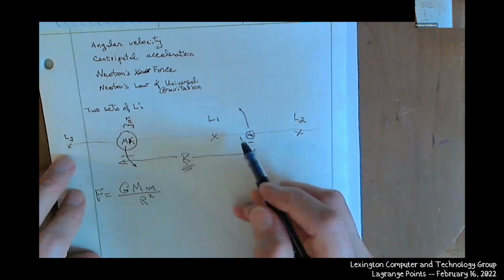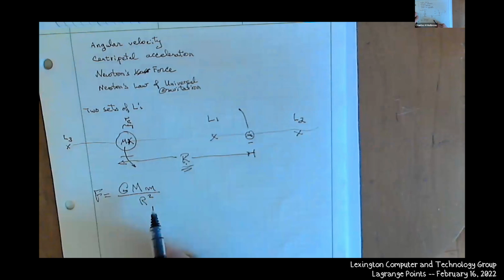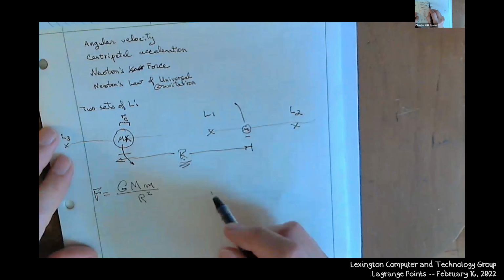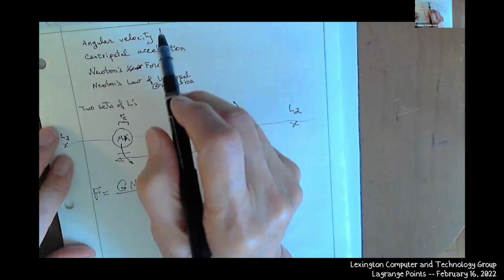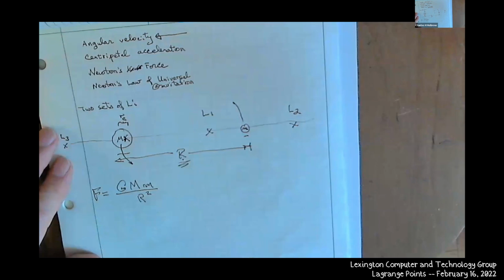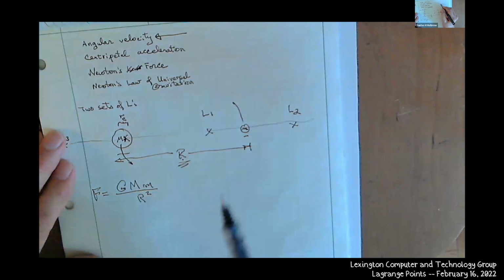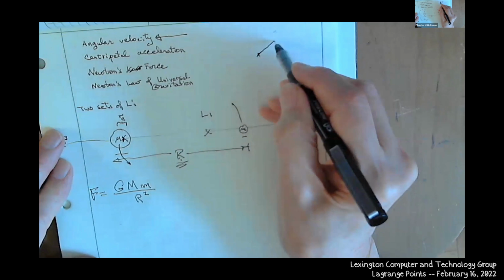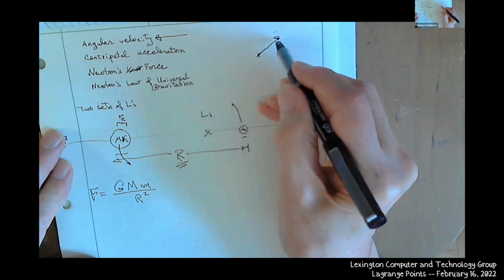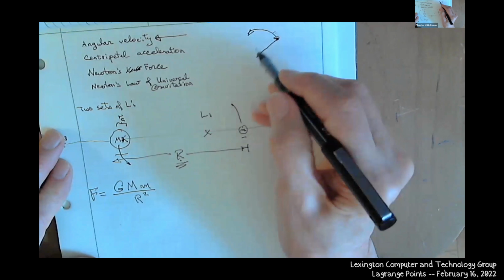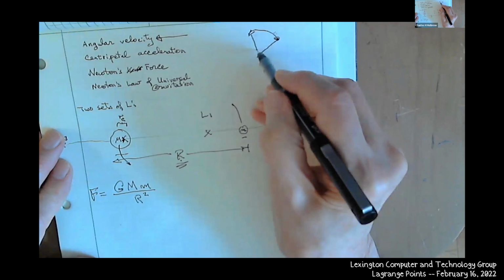Now, why? And so here I come to something which I don't know how comfortable people are with, this idea of angular velocity, but it's not a hard idea. If you have an axis, a center like this, and you have a point here, and it's going around it in a circle, and I'm sticking with circles, then in a certain amount of time, it will sweep out an angle.